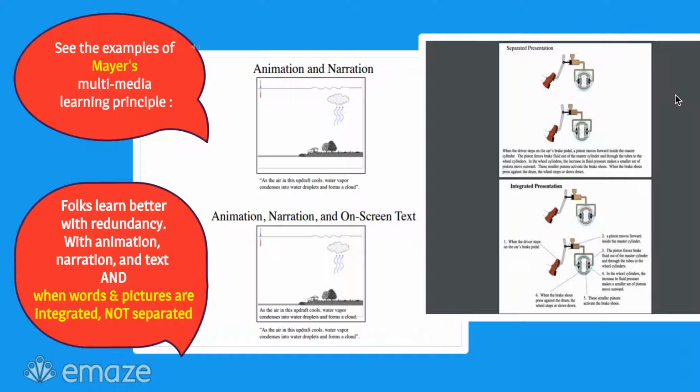I think you'll agree that integrating the text with the presentation makes it much easier to grasp the knowledge and follow along. As we know, folks learn better with redundancy. Include animation, narration, text, and when words and pictures are integrated, not separated, we're creating a positive learning environment.